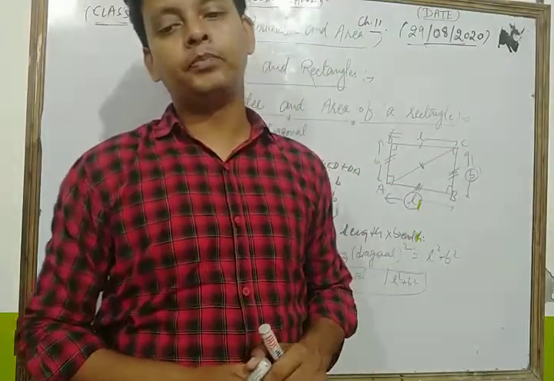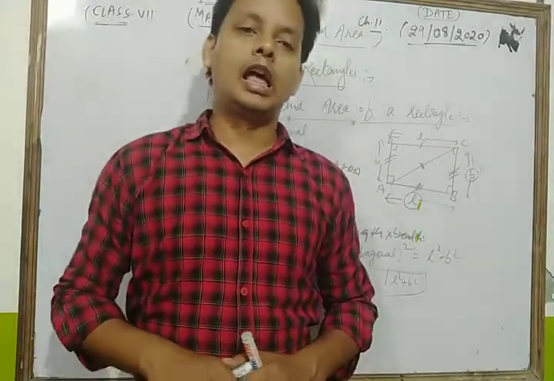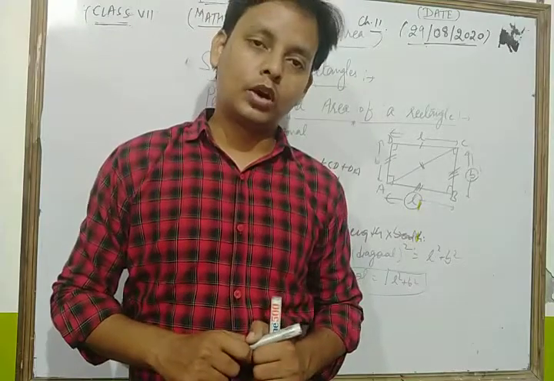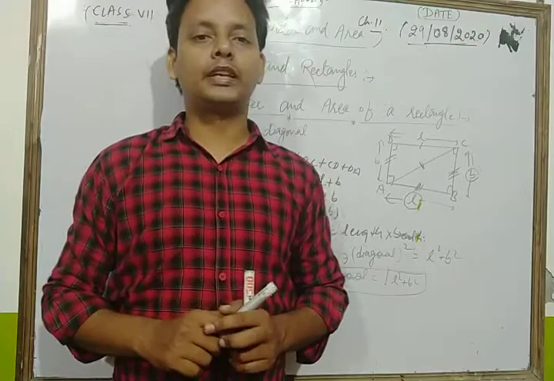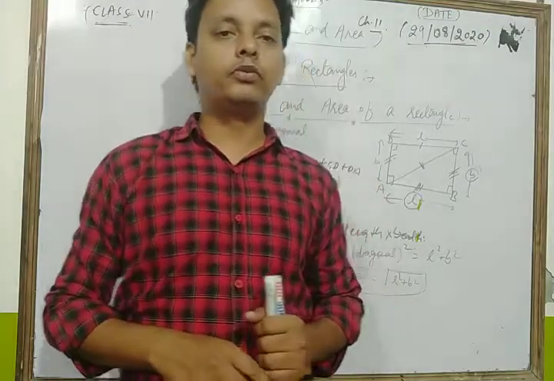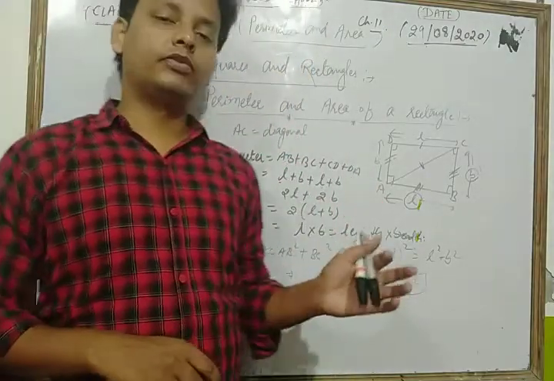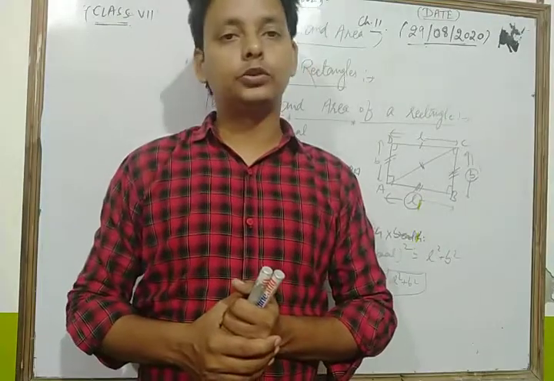So in this way we discussed the square as well as the rectangle, and we discussed many properties of those geometrical figures, and we also discussed some important formulas related to them.